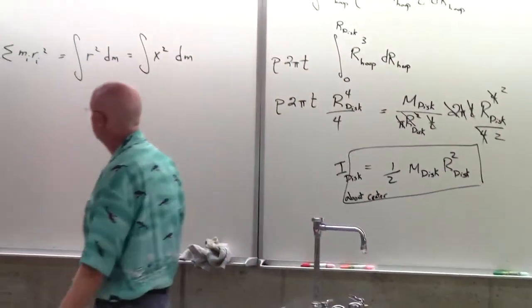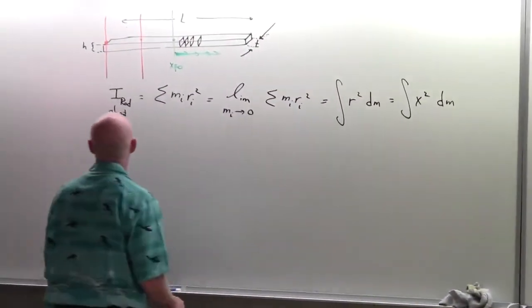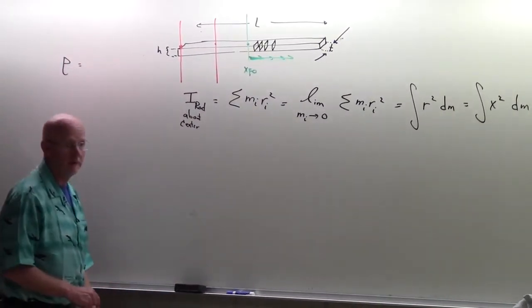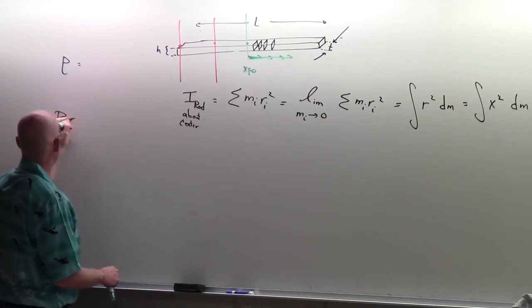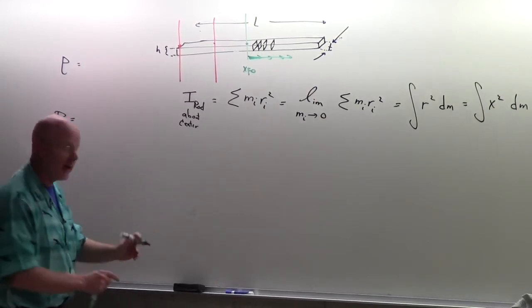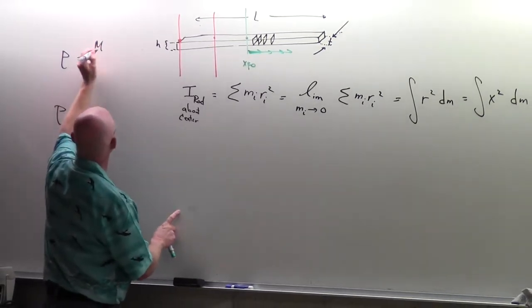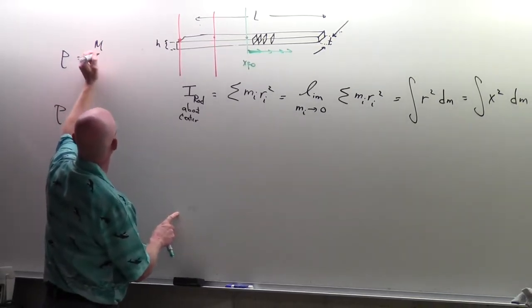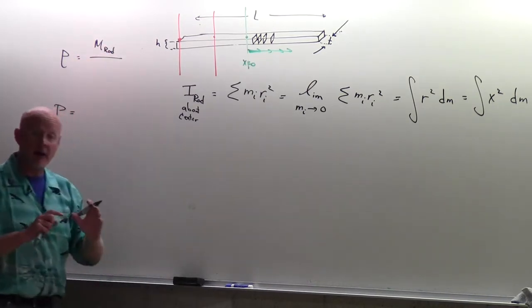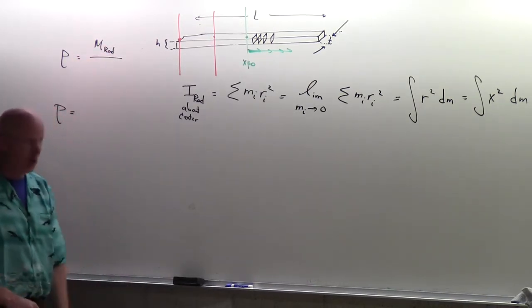And I claim that there is a connection here, and that connection is density again. We can look at density both ways. We can look at density as the whole mass. So I'll take the mass of the whole rod divided by the volume of the whole rod.